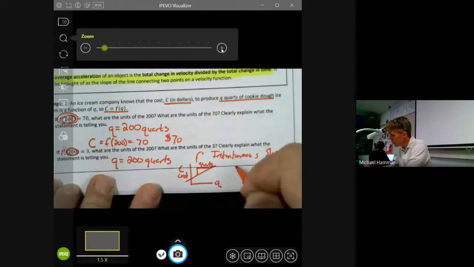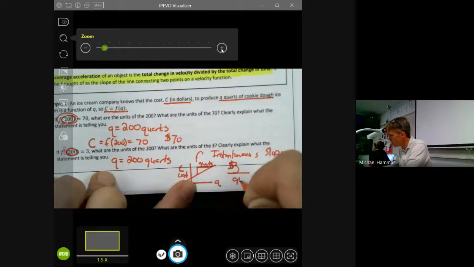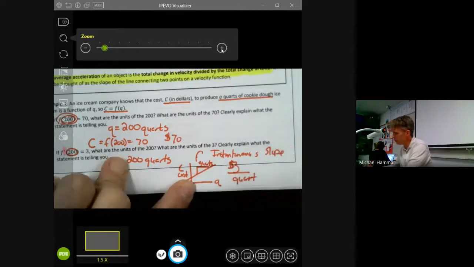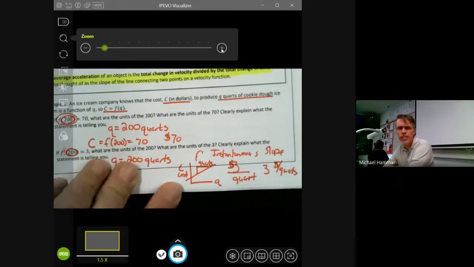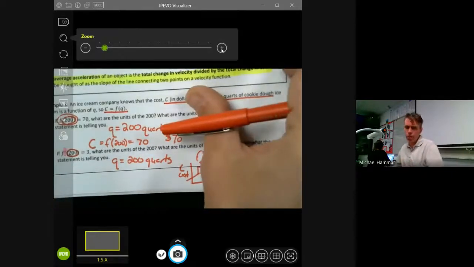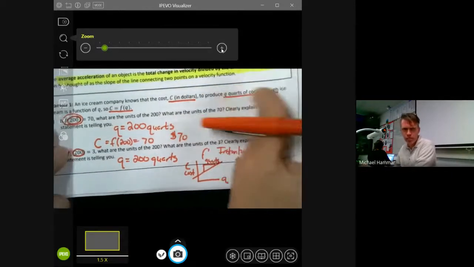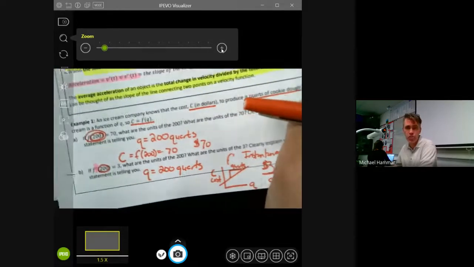So the instantaneous slope is going to be $3 per quart. Okay? Or you could write it dollars over quarts. So the instantaneous slope here is the cost per quart. So there you go. When you're looking at a problem, those are some things you have to take into consideration, because the AP test is always going to ask you to put a label on your answers.